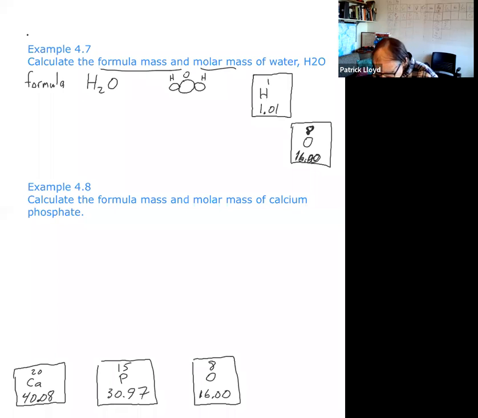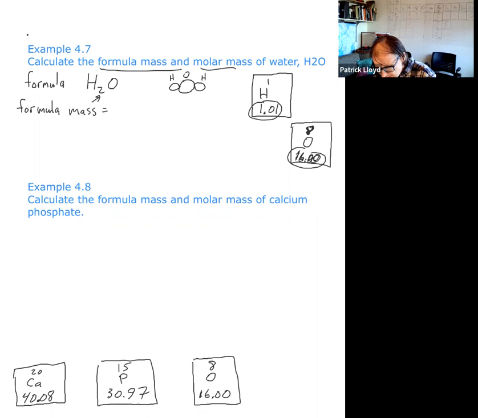Okay, so here's what you do. You look up in the periodic table these atomic masses. I'm going to do the formula mass first. It's essentially saying how much does the formula weigh. Well, we have two hydrogens. That's the meaning of the subscript 2.